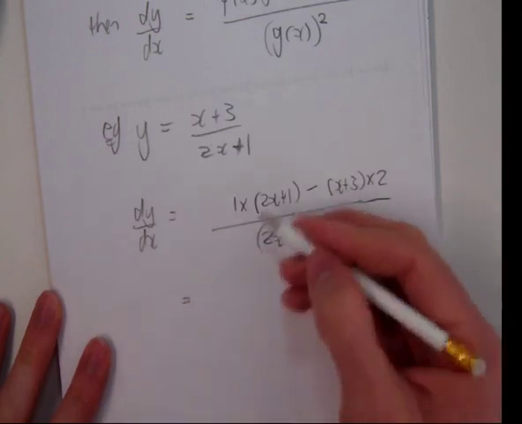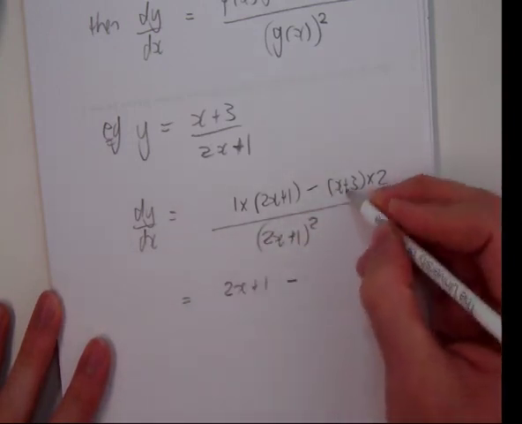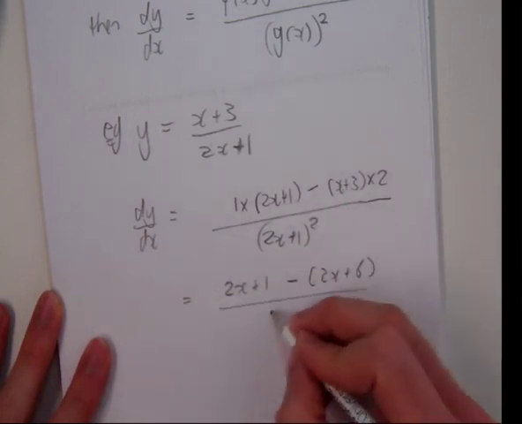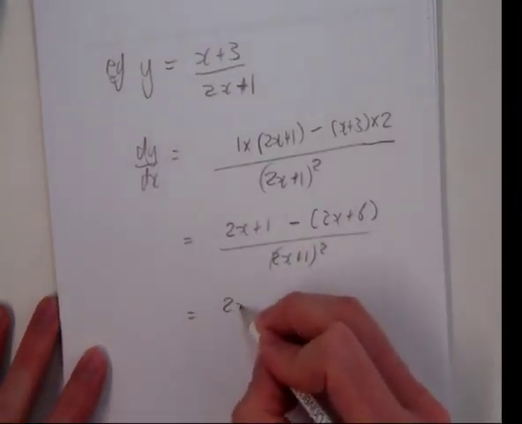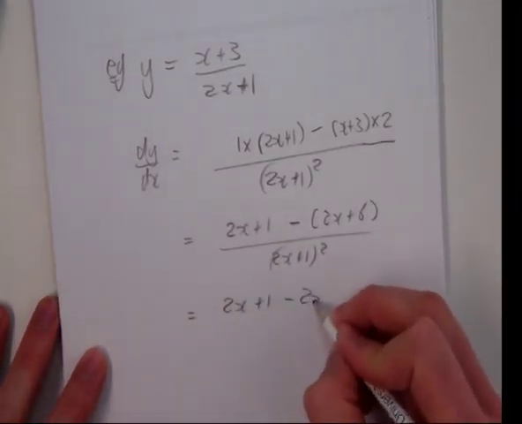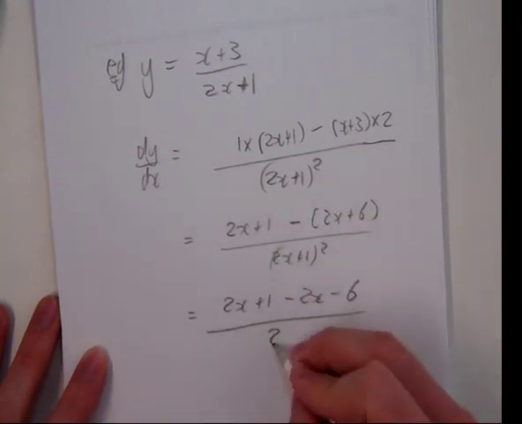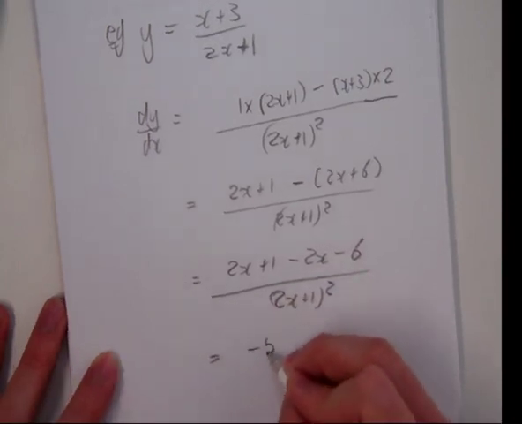And usually at this stage you would expand this all out, so I get 2x plus 1 minus 2x plus 6. So the minus goes into both of those, and I get minus 5.